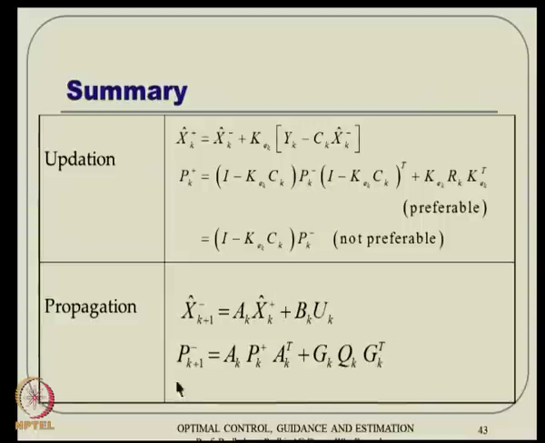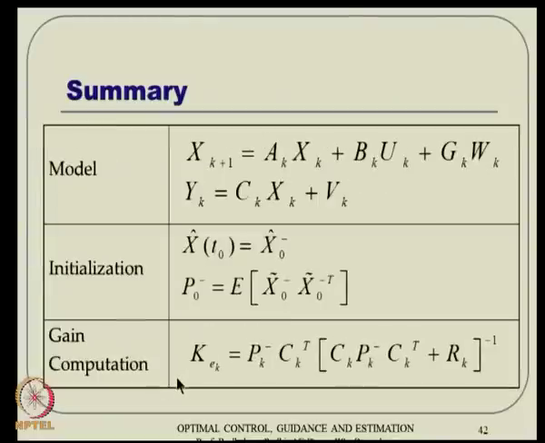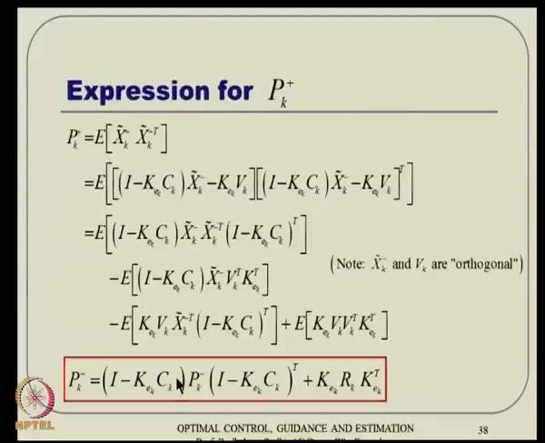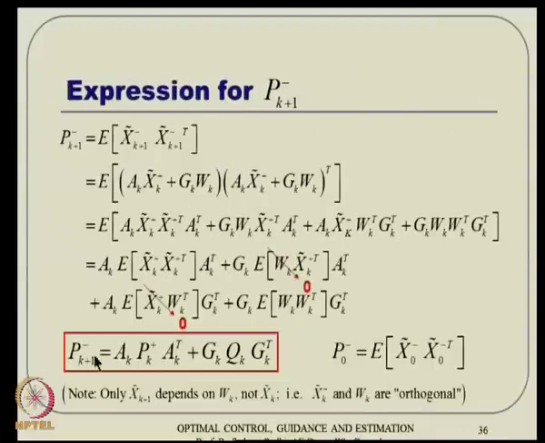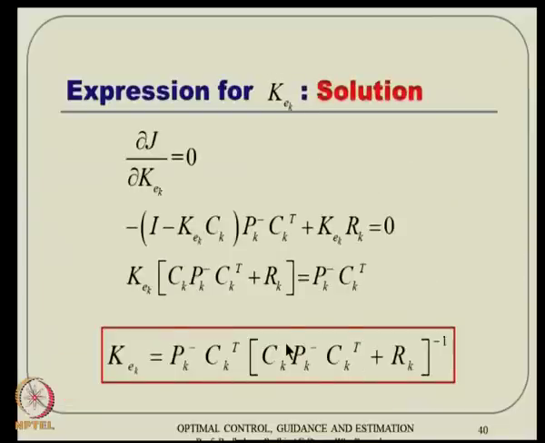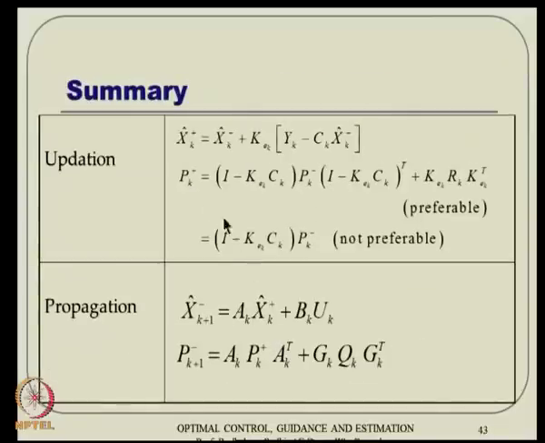And then we propagate this P matrix also, and P_{k+1} minus has been derived also basically. Using this expression we can get an expression for P_{k+1} minus actually.